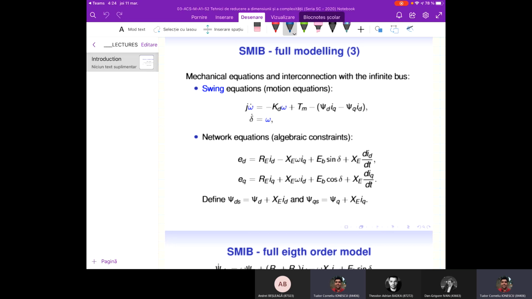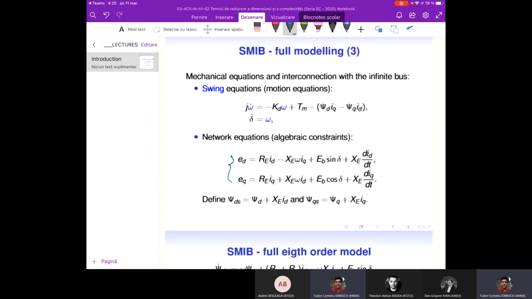Note that furthermore, this is a sort of differential algebraic system, in the sense that you've got a number of electrical dynamical equations, a couple of dynamical mechanical equations, and finally two algebraic equations expressing the interconnection to the infinite bus.